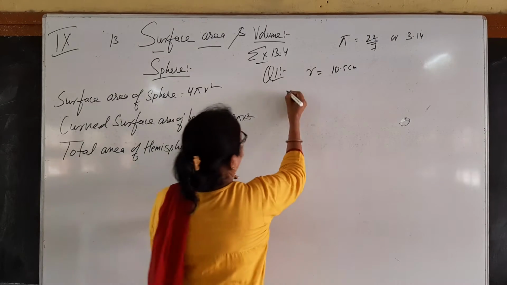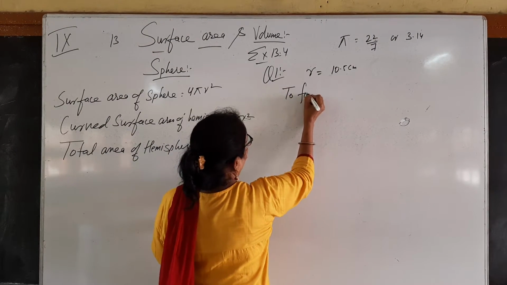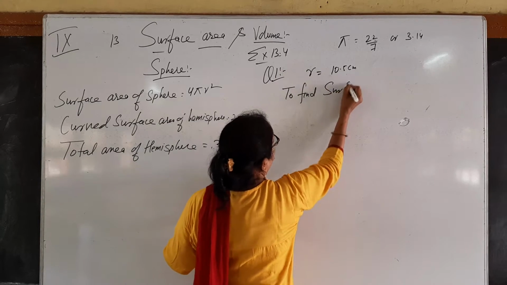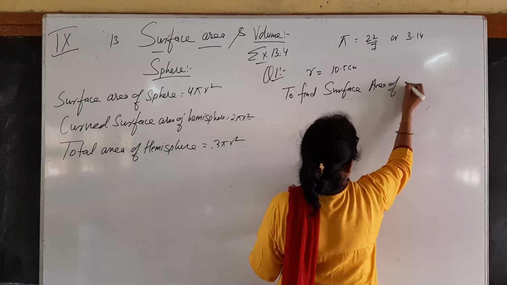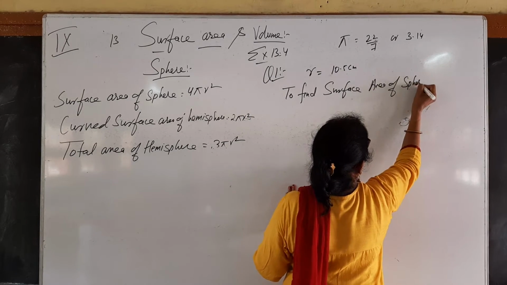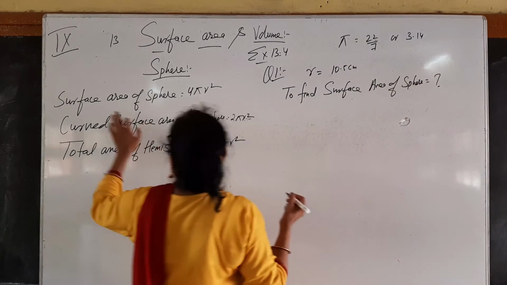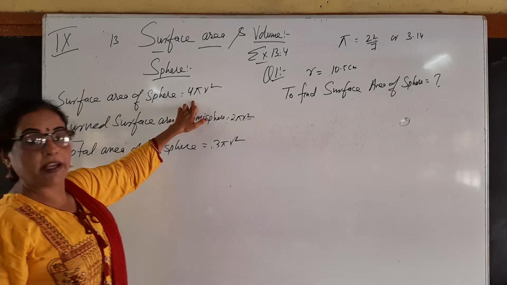To find the surface area of sphere, this we have to find, and surface area of sphere is 4 pi r square.